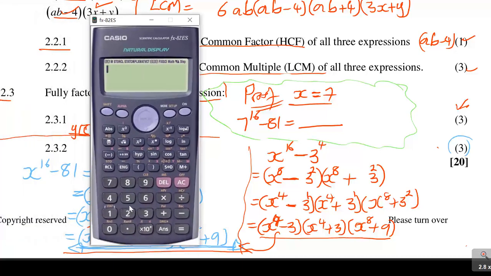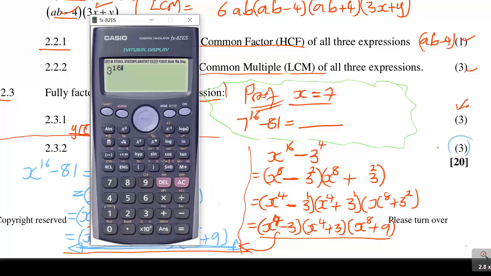For example, if I say 7 to the power of 16 minus 81, I think it will be a big number, which is 1,17119 times 10 to the power, I think this is too big. Let's choose 3 because 7 seems to be big. Let's choose 3. 3 to the power of 16 instead of 7.